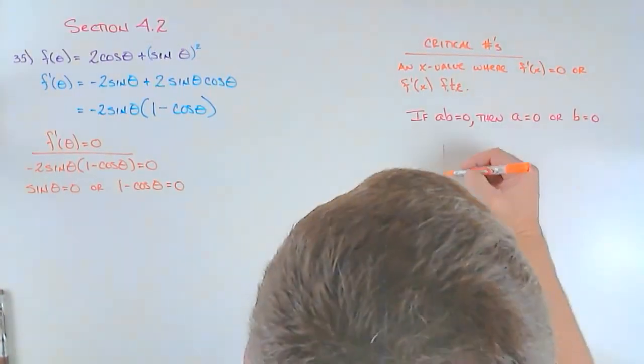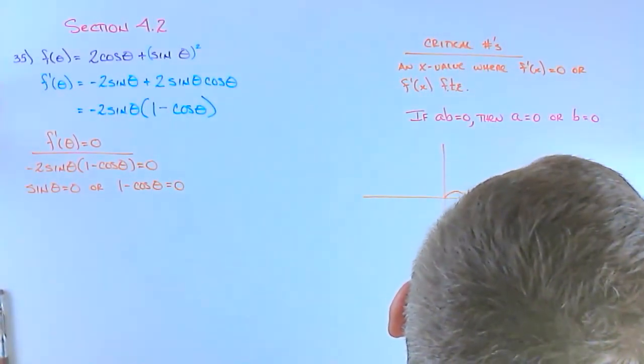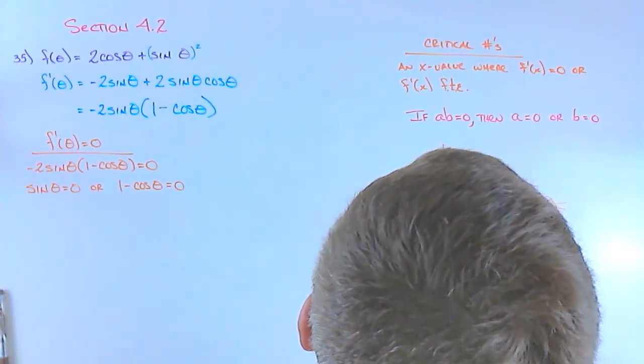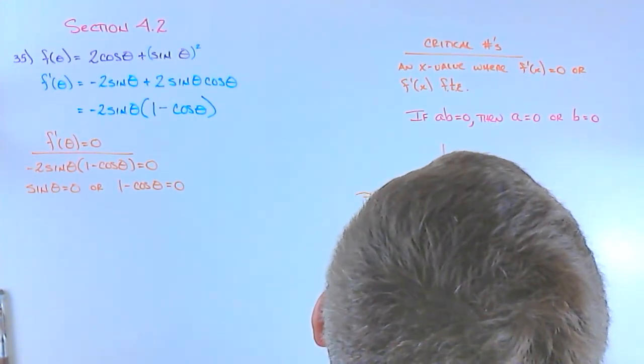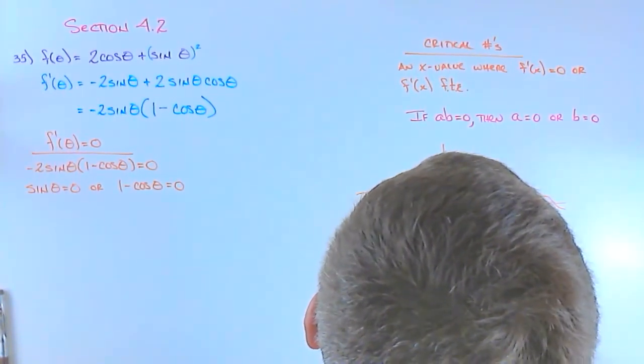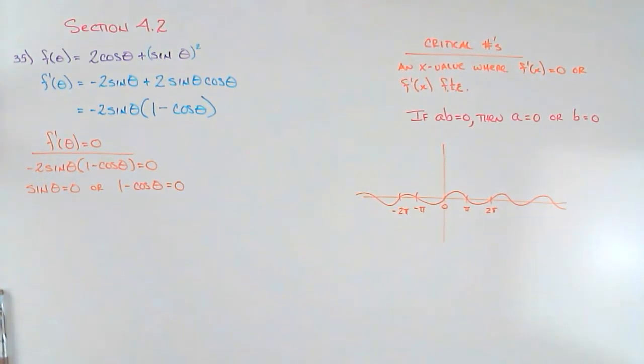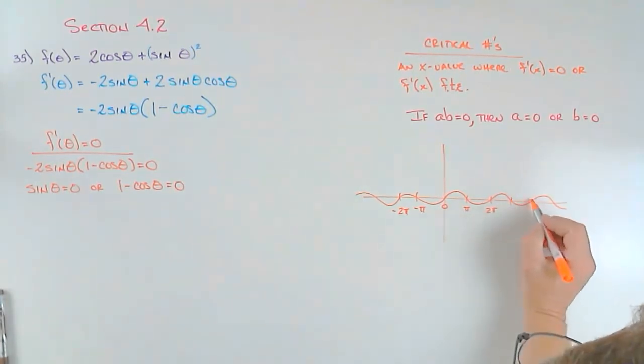Now, a quick sketch of our friend sine will allow us to see that that's 0, that's pi, that's 2 pi, that's negative pi, that's negative 2 pi. So sine equals 0 at integer multiples of pi, because this is going to be 3 pi and 4 pi.